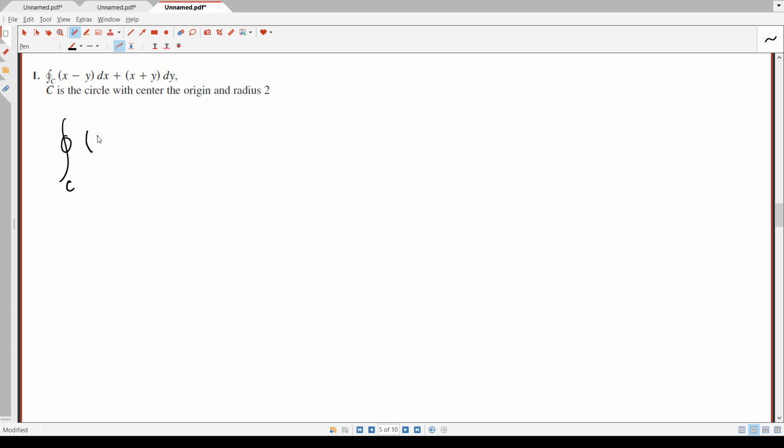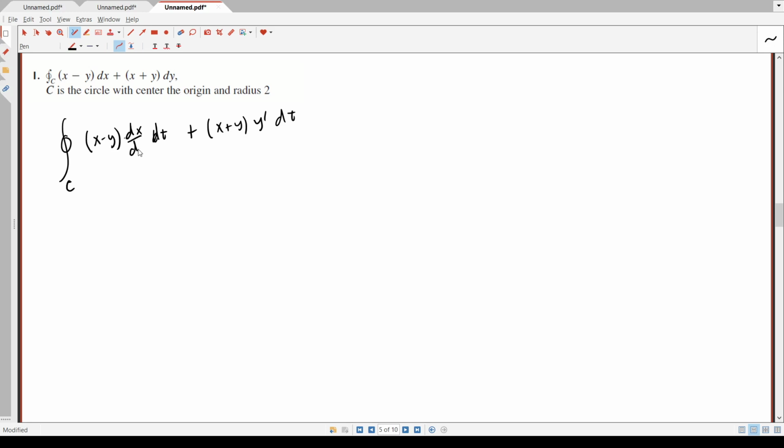This is x minus y. I'll put x prime dt plus x plus y y prime dt. Right, this is dx dt, actually, not y prime. Let me write it as, just to make sense. Now this step that I'm doing right here, it's not necessary at all.